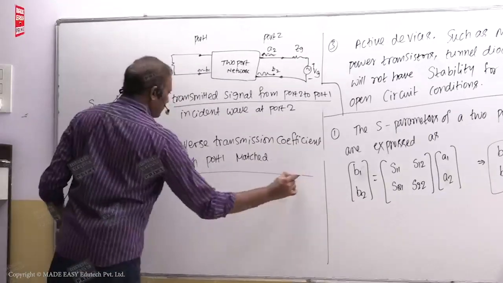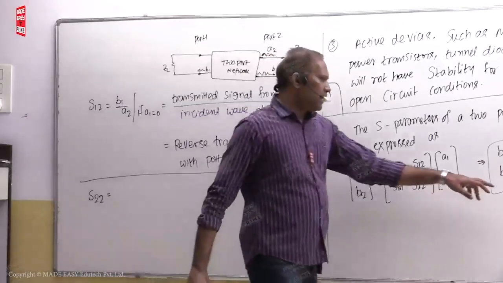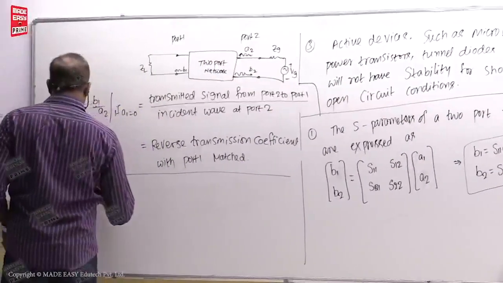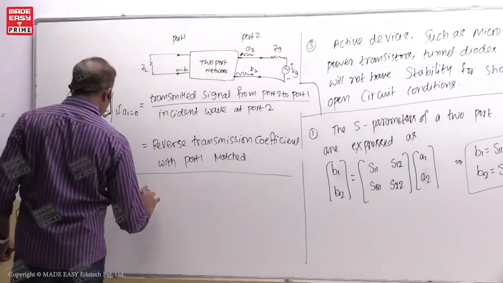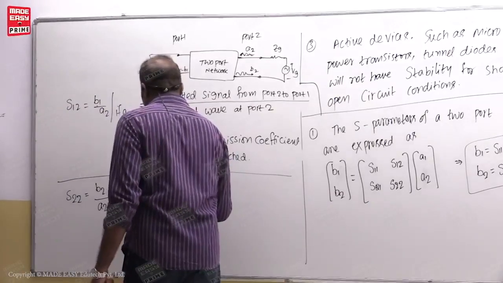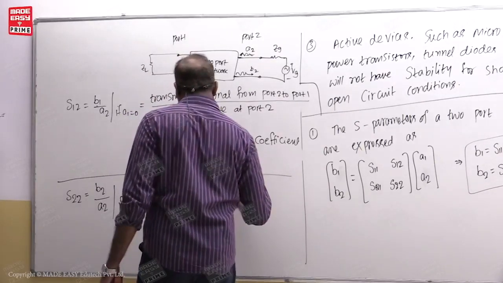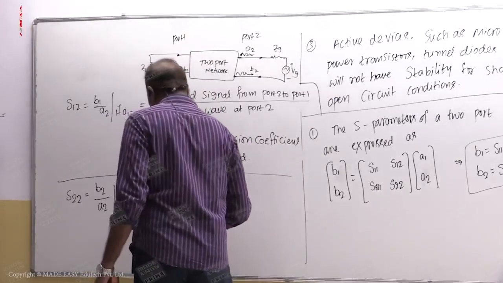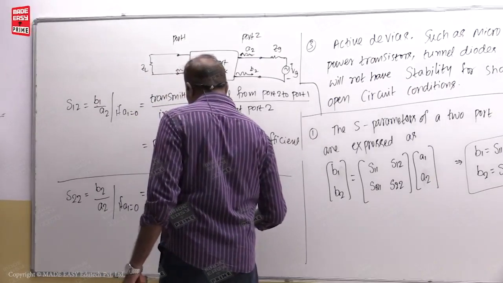Now what is S22? S22 is equal to, here you see students, S22 is equal to B2 by A2, A1 is 0. So that is B2 by A2, provided A1 is equal to 0. So what is this B2? B2 is basically reflected wave at port 2 divided by incident wave at port 2.